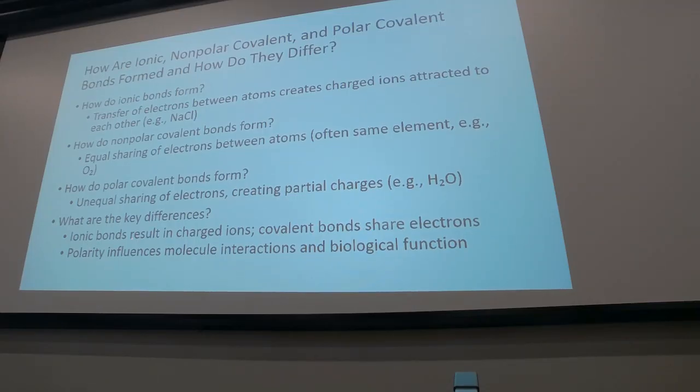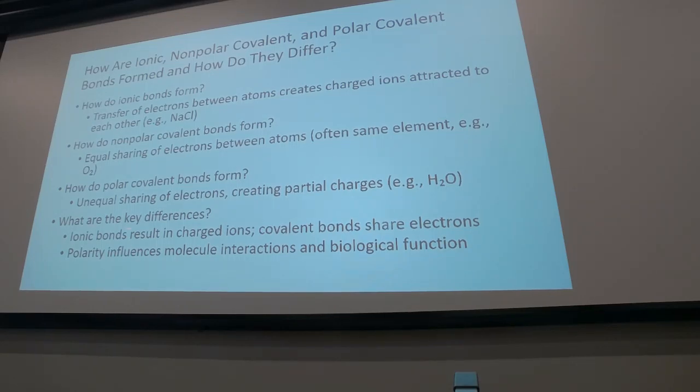And what are the key differences? When you have an ionic bond, you will have charged ions. The one that donates the electron becomes positively charged. The one that accepts the electron becomes negatively charged. Because when the atom donates the electron, it is losing a negative charge, so it is going to become positive. And the one that accepts the electrons, since the electron has a negative charge, will increase its negative charge, so it will become negative.